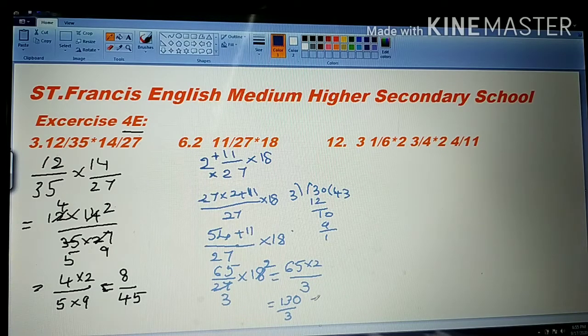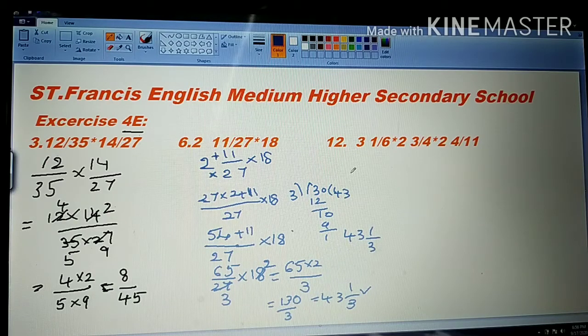So what you get here? 43 and 1 divided by 3, so 43 1 by 3. So we converted into a mixed fraction again. They have given mixed fractions, so we can convert this one into a mixed fraction while writing the answer. Okay, understood this one? Now go for the 12th problem.